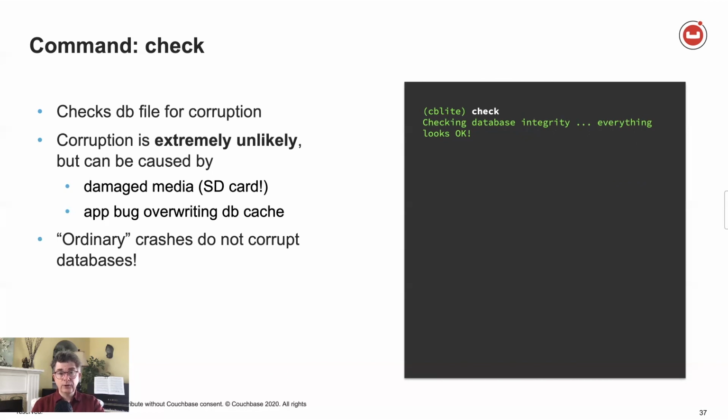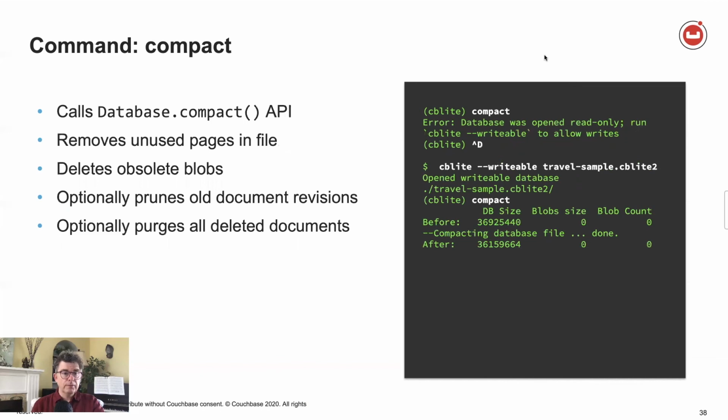That could happen with SD cards, because SD cards are not terribly reliable compared to hard disks or internal SSDs, or if there's some kind of terrible memory-smashing bug in the app that overwrites part of the database cache. We put this command in just because one of our customers was having trouble with database corruption, which I believe was tracked down to SD card corruption.